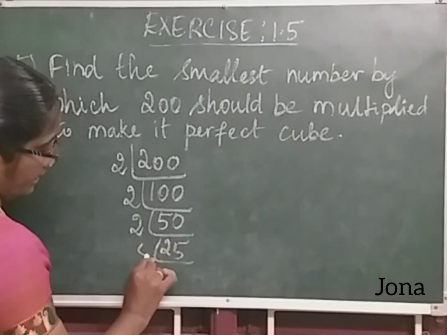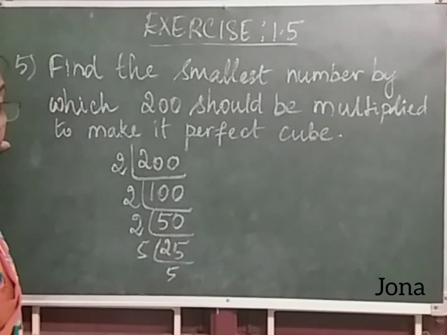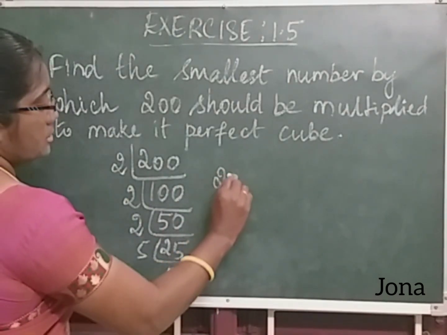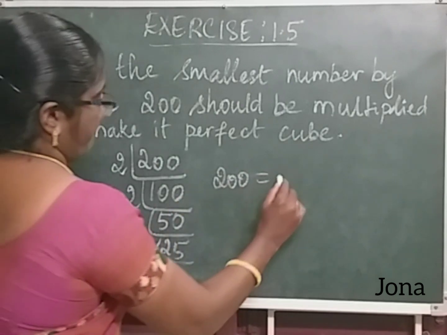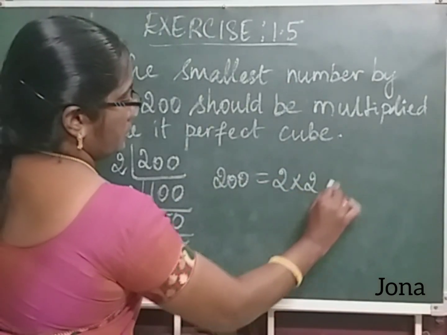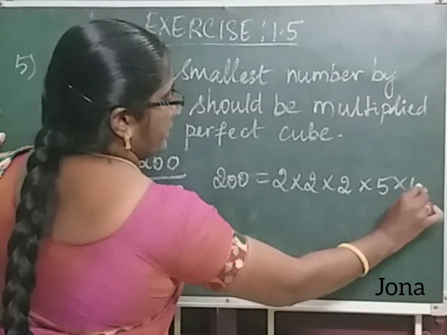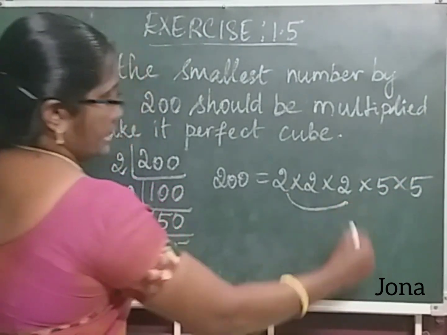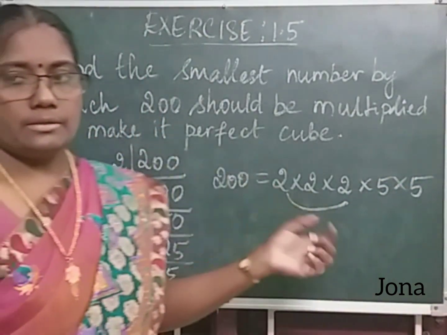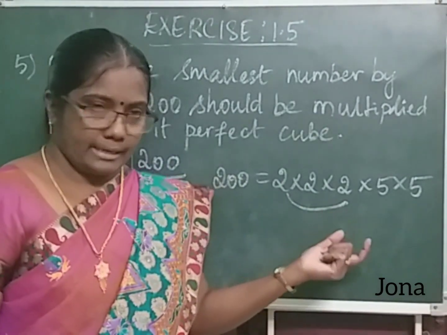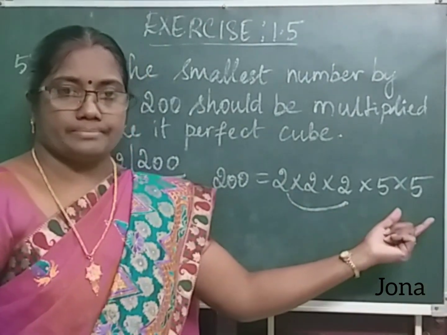And then I can divide by 5 so that I got 5. So this 200 is equal to 2 into 2 into 2 into 5 into 5. This 2 has the triplet, isn't it? 2 has the triplet, but this 5 doesn't have.